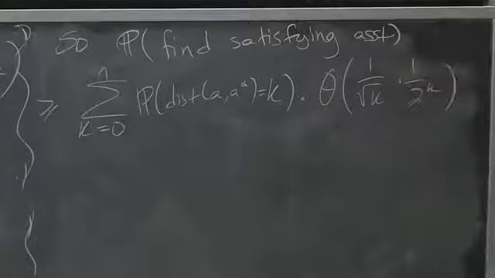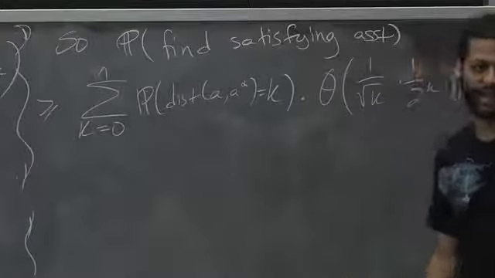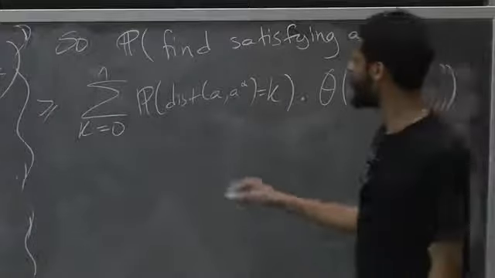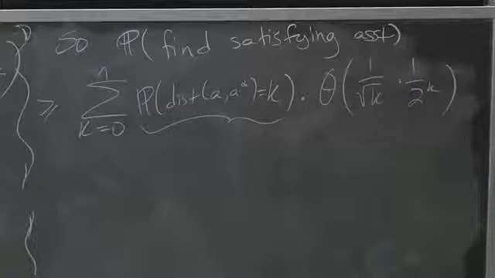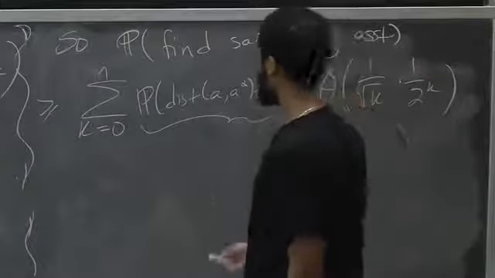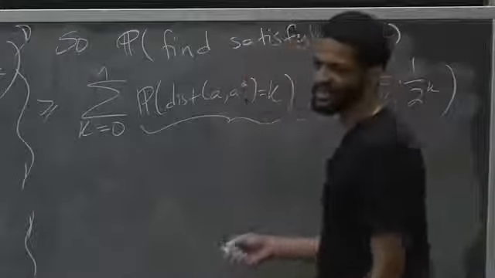So what's the probability that the distance between a and a star is exactly equal to k? Well, I guess it should be something like n choose k times 1 over 2 to the n, or something like that.